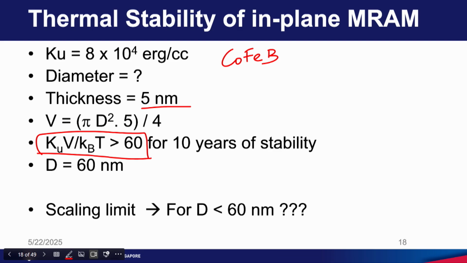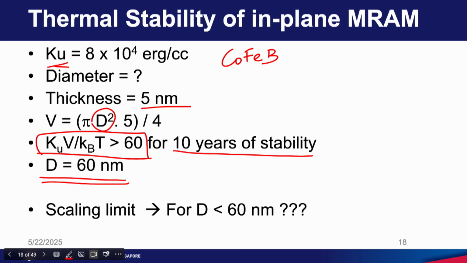So, this gives you 10 years of stability. Once you write information, the information will be stable for 10 years if this ratio is more than 60. So, knowing the anisotropy constant and thickness, we can calculate what will be the diameter of the MRAM cell. If you substitute all these things, you will get the diameter to be 60 nanometer.